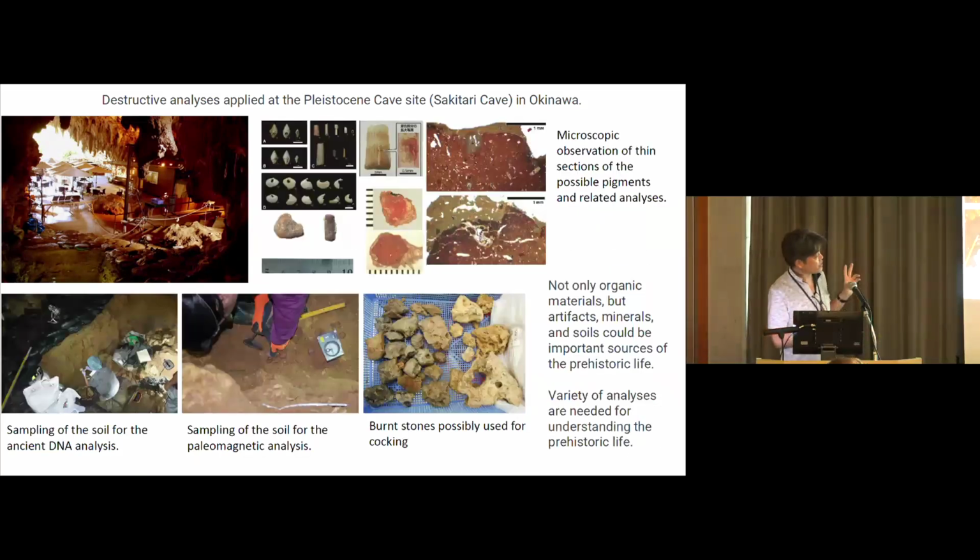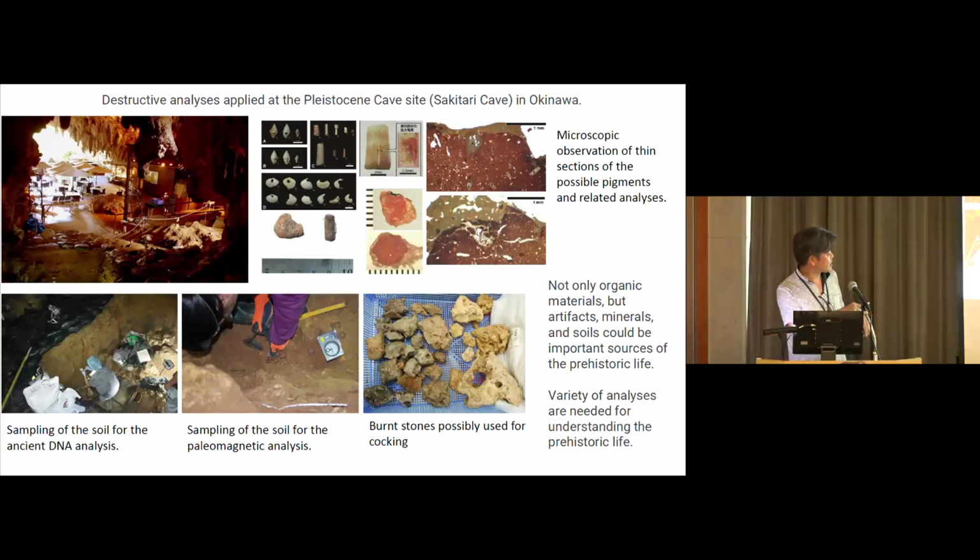And we have a variety of materials from the site, and we now have an ongoing project including destructive analysis. For example, thin section observation of the pigment obtained from this site.